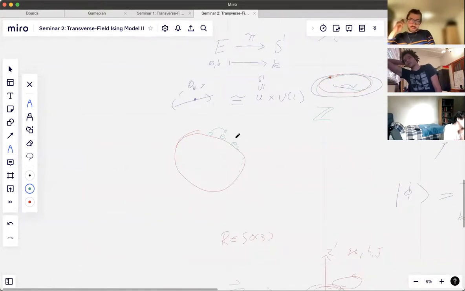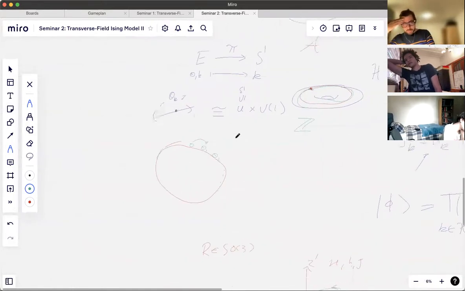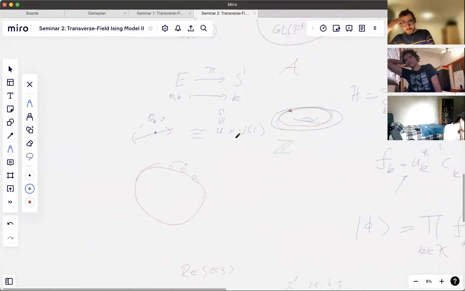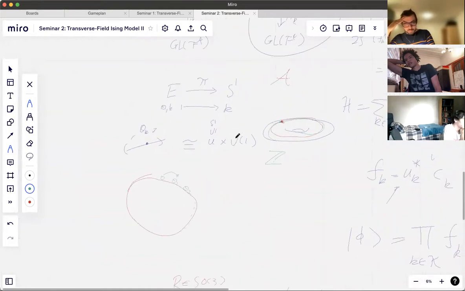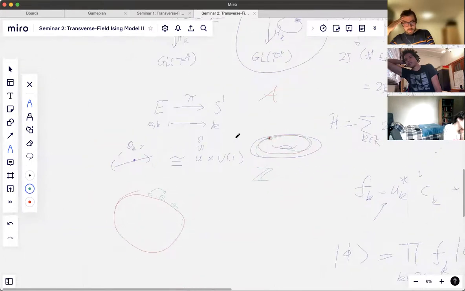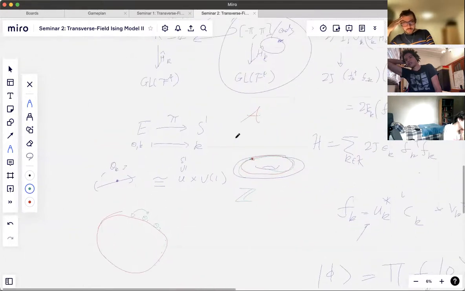And the reason that this is physically significant, as far as I understand it, is that the topological invariant should be in some sense robust to perturbations to the Hamiltonian.